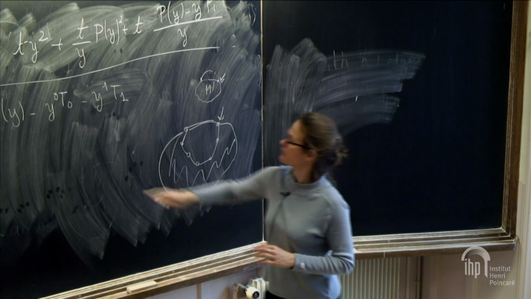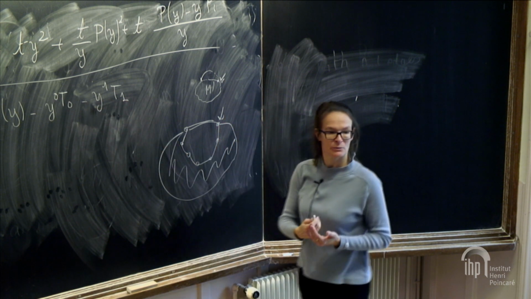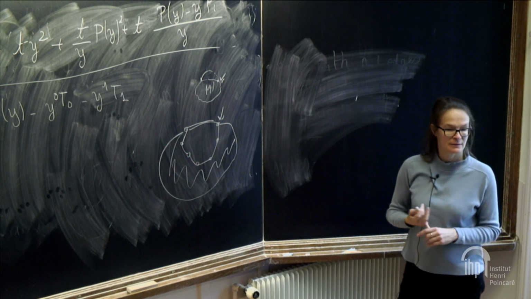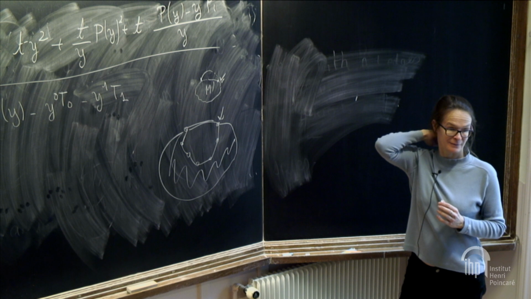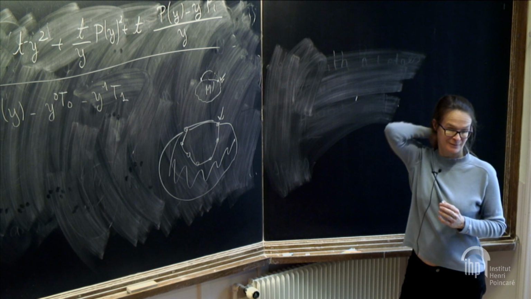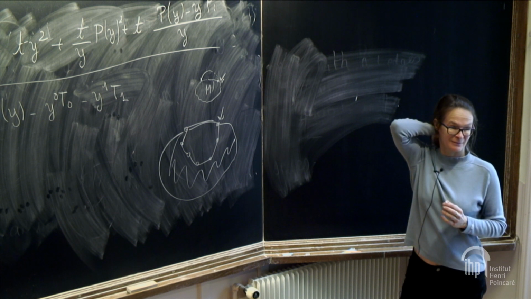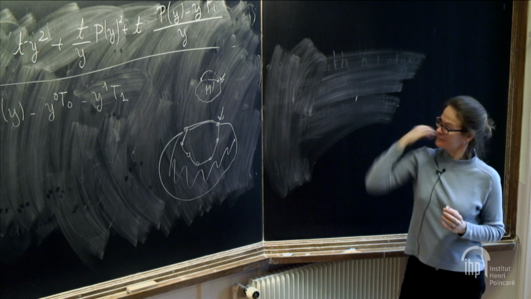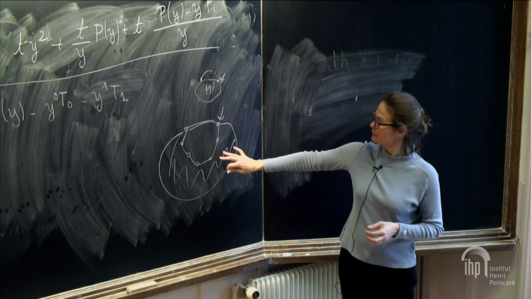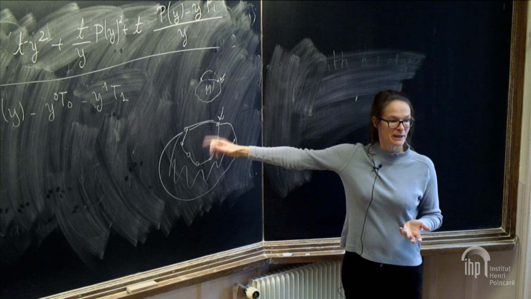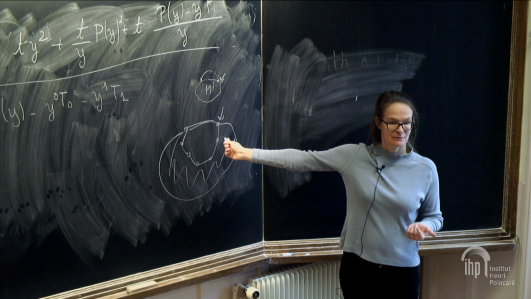So what will be the counterpart of this term? What will happen? If I take an M prime that has degree 4, will I be able to do that? No.